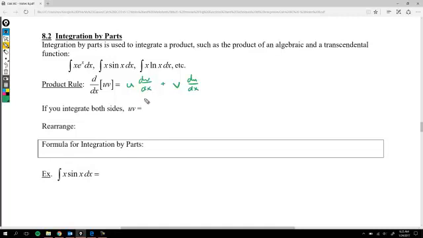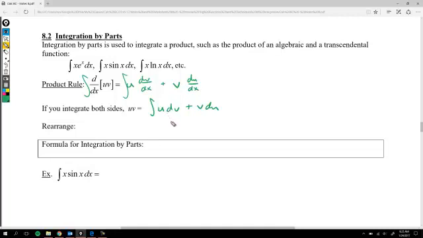Now if I integrate both sides, the derivative and the integral kind of cancel, so we just have uv here. And this would be equal to u dv plus v du. The dx's just went over here and canceled out.